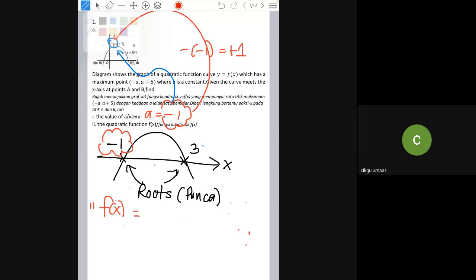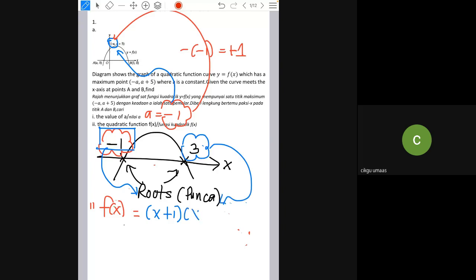Next step. This is minus 1. If I go according to the factorization, this will be X plus 1. This is minus 3. When I go based on factorization, I get X minus 3. Any question? Anyone blur? Ask. There's one option, but you must understand it should be a negative in front because it's a maximum graph.